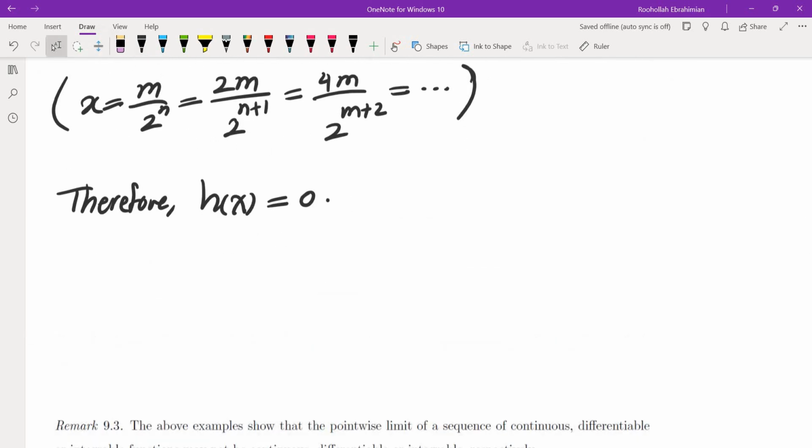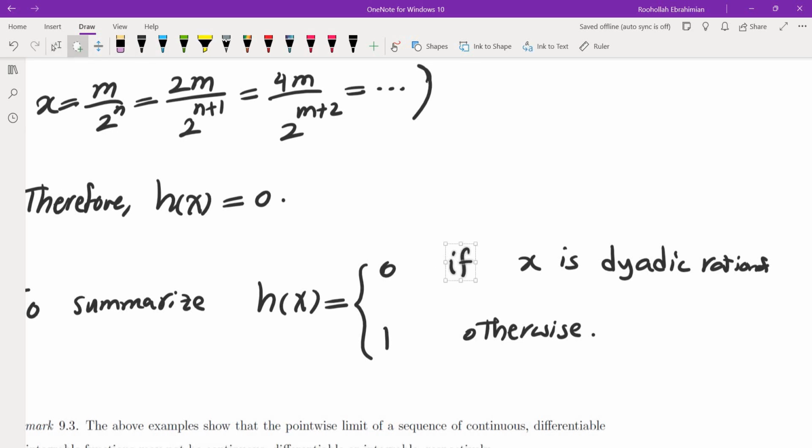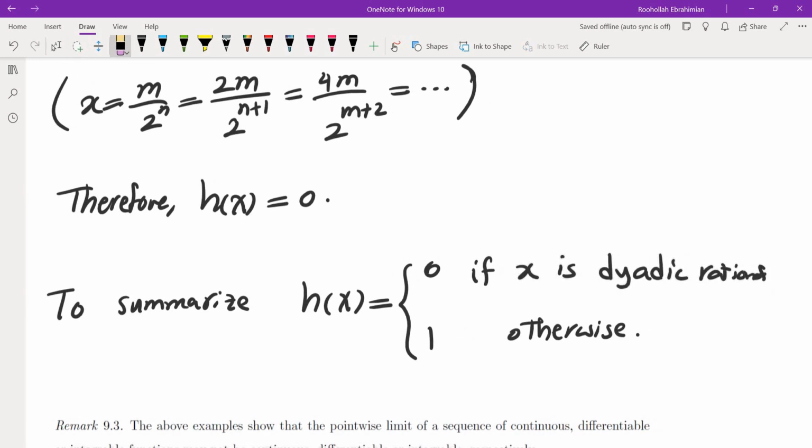So this brings us to the final answer. To summarize, h of x, which is the pointwise limit of that sequence of functions, is 0 if x is a dyadic rational, because at some point all of the terms of the sequence are 0.